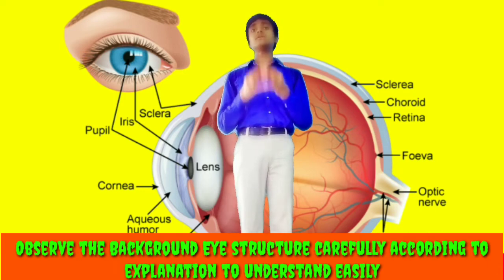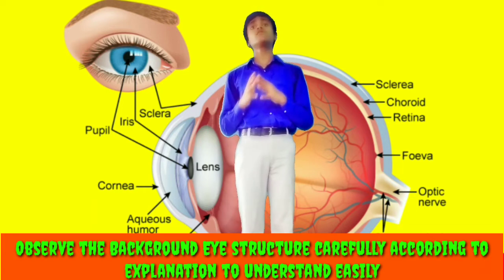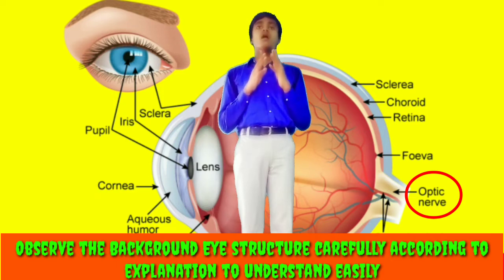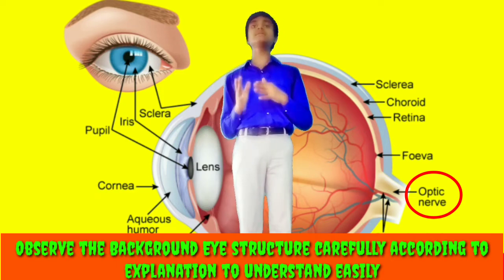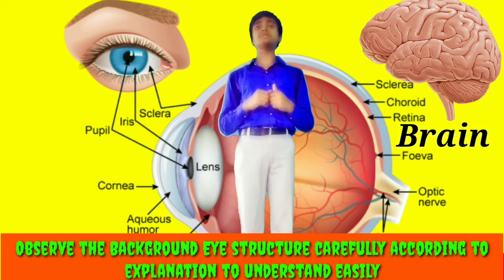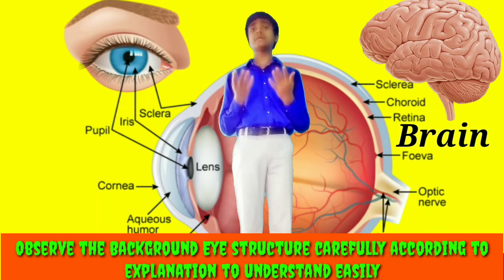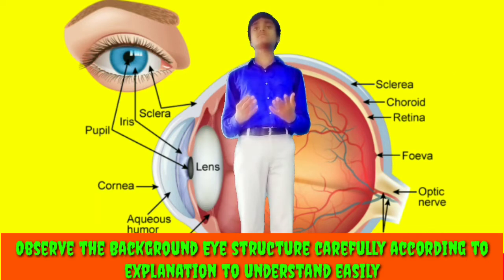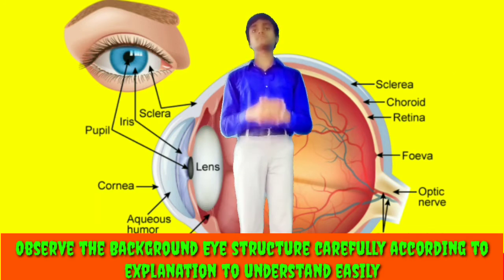The signals observed by rods and cones are transmitted to the brain through 1 million optic nerves. After receiving these signals, the brain analyzes them and tells us the size of the object, the color of the object, etc.